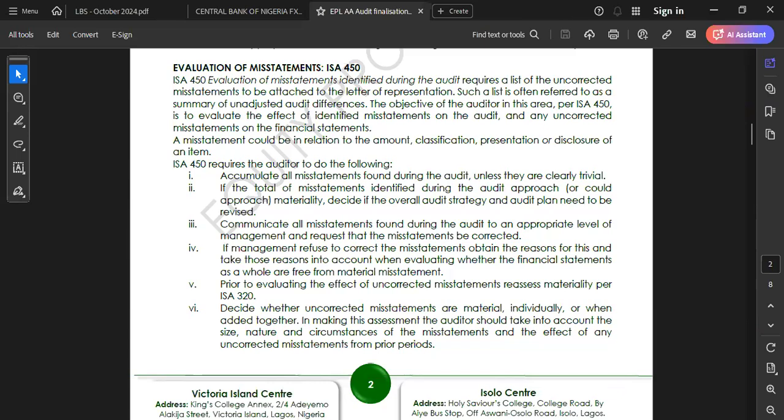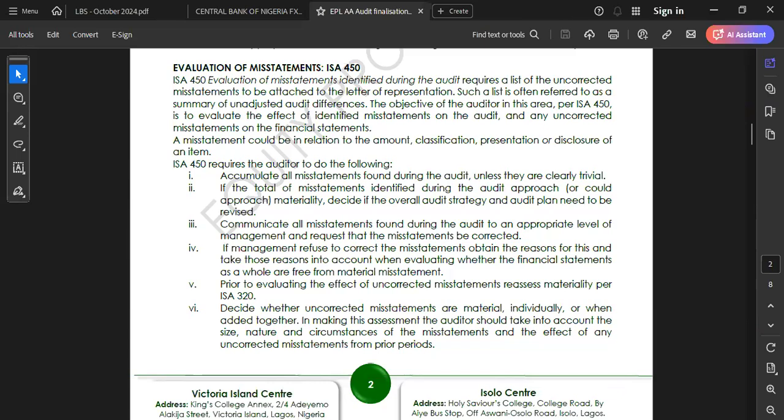Now, the auditor, according to the standard, is expected to list all these misstatements that are below the materiality level, because they might not need to be corrected, as the auditor is assuming that they won't have effect on the financial statement. But towards the end of the audit, the auditor will list them and sum them together. It is possible that the total will be more than the materiality you set, or they might be very, very close.